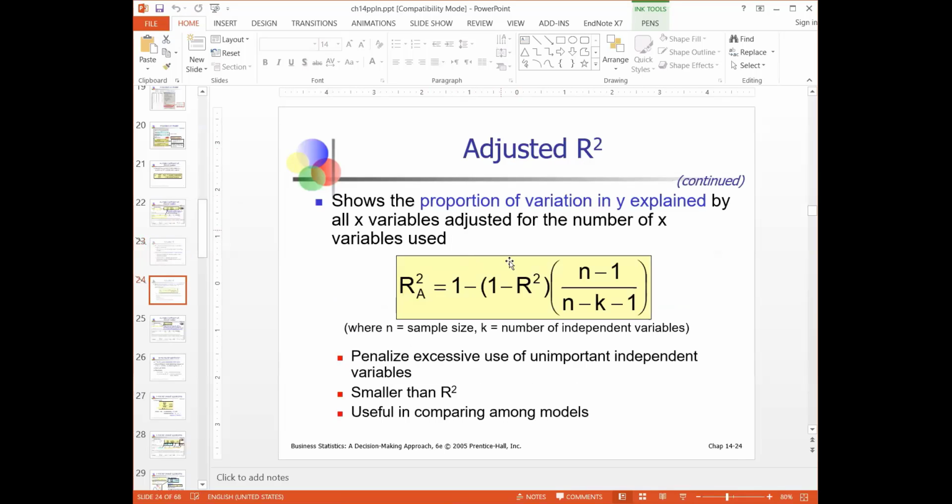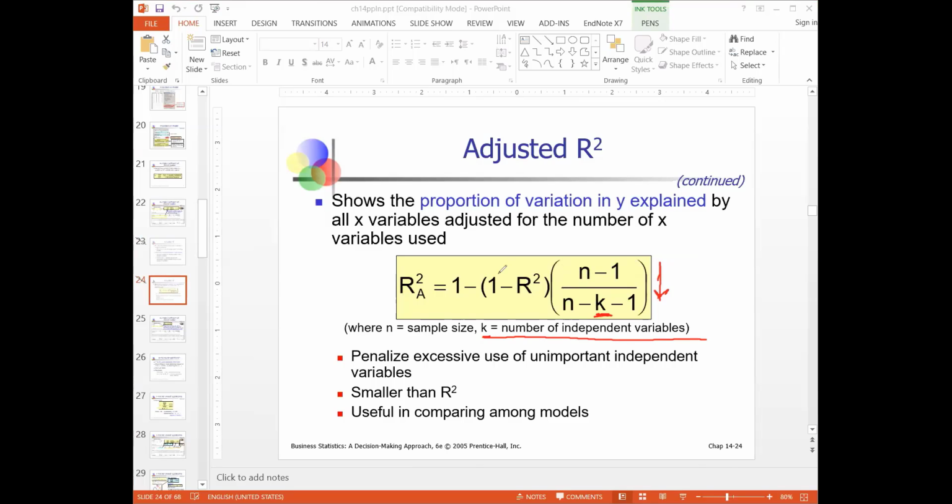The formula for adjusted R, so I gave you a brief formula, and this is an advanced detailed formula. It is R adjusted is 1 minus (1 minus R square) times (n minus 1) over (n minus k minus 1). What does this say is that if you increase independent variables, that is k, the number of independent variables, then n minus k minus 1 will become small.